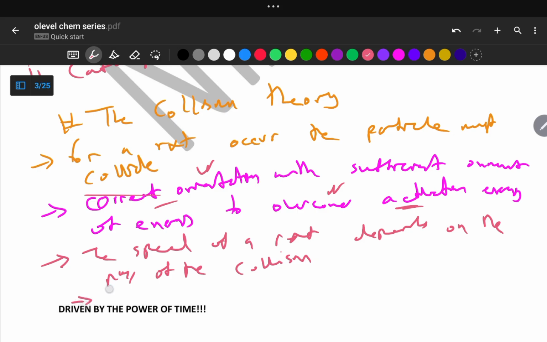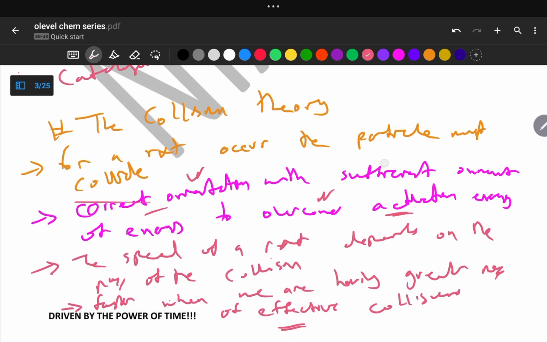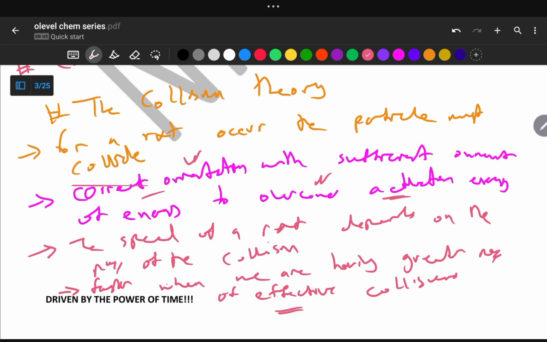So the reaction is faster when we are having greater number of effective collisions, not just collisions, they must be effective collisions, right?